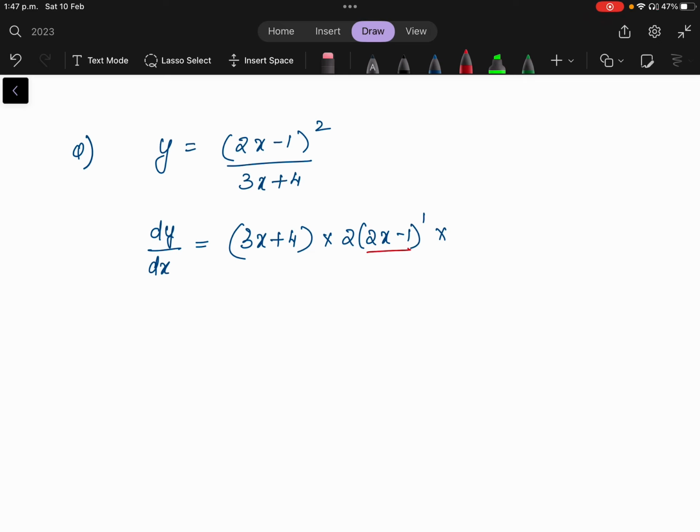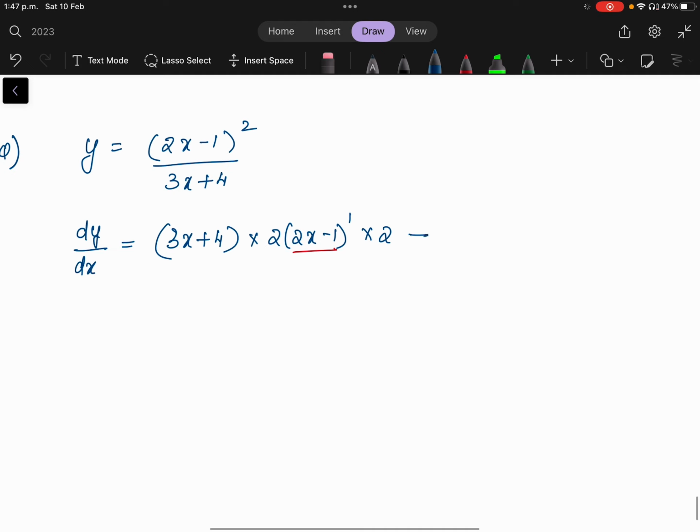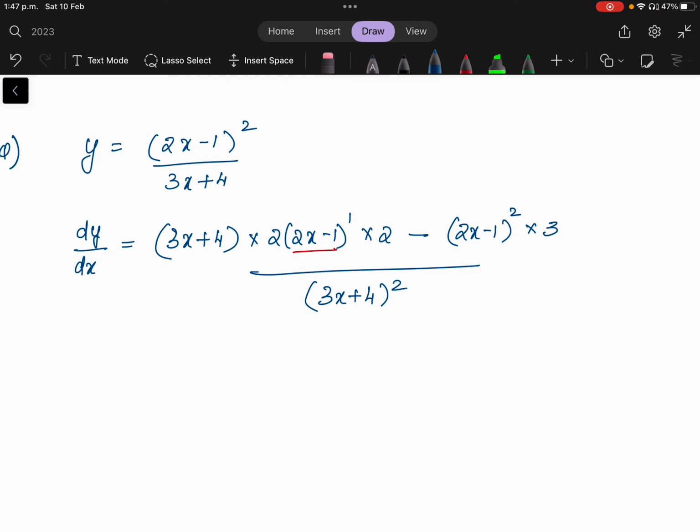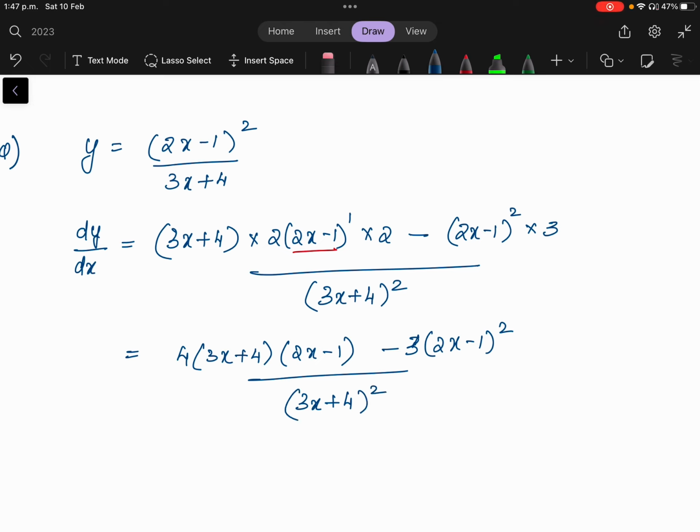And is this x? No. So differentiate it again. So 2. Minus numerator, which is (2x minus 1) the whole square times differentiation of the denominator, which is just 3, divided by (3x plus 4) the whole square. Now you can simplify this, which is equal to 4 (3x plus 4) times (2x minus 1) minus 3 (2x minus 1) the whole square over (3x plus 4) the whole square.